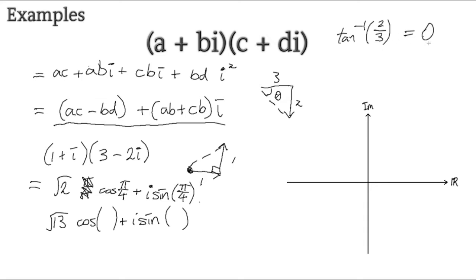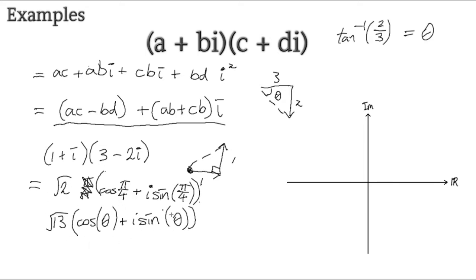I'll just leave it in theta form because I don't have a calculator with me right now. So we've got these two in modulus argument form. Make sure you have the entire argument enclosed, because this coefficient has to multiply into both.